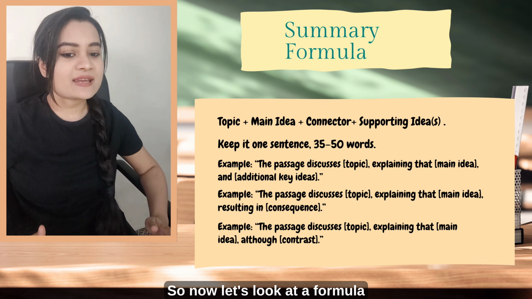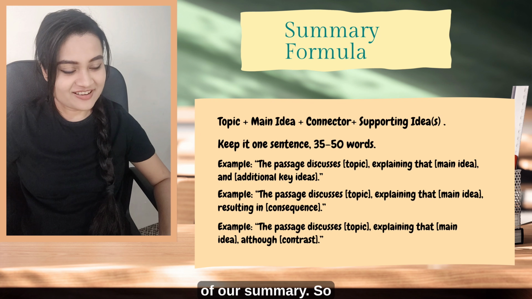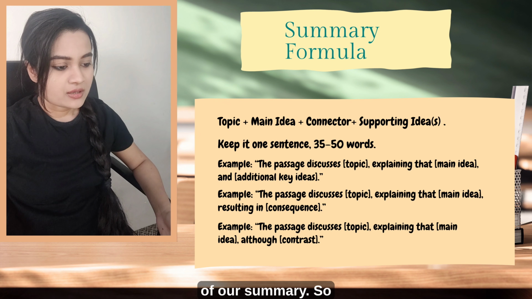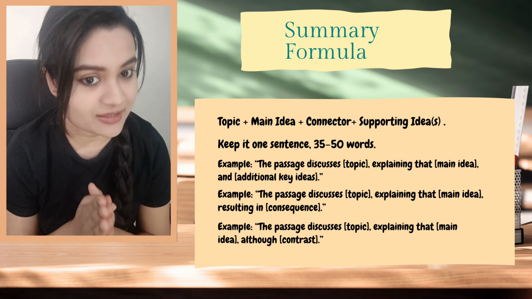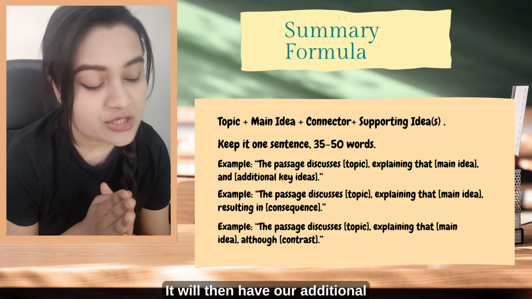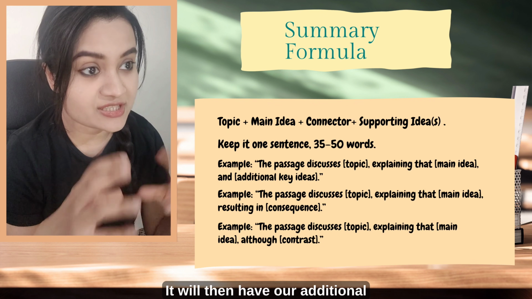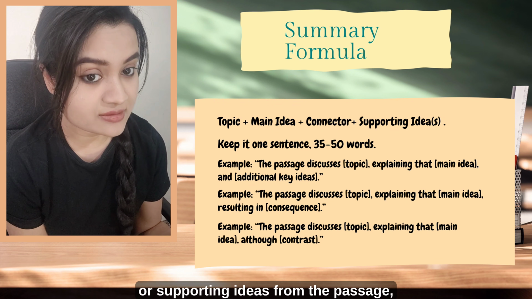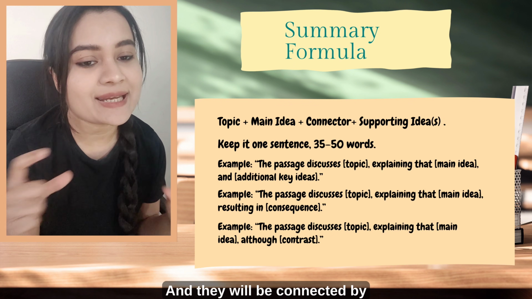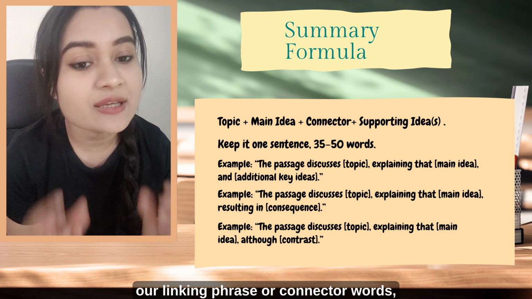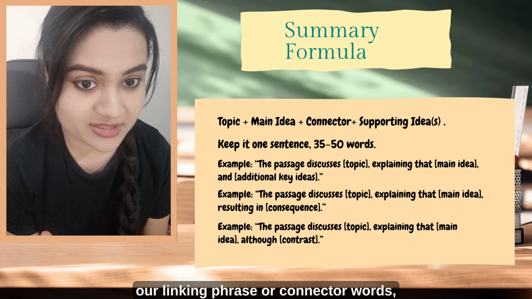So now let's look at a formula of our summary. Our summary sentence will have our main idea. It will then have our additional or supporting ideas from the passage, all from the passage, and they will be connected by our linking phrase or connector words.